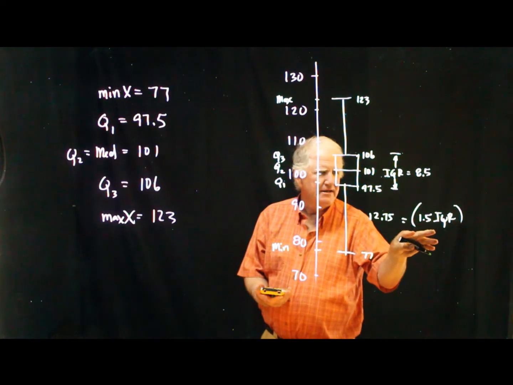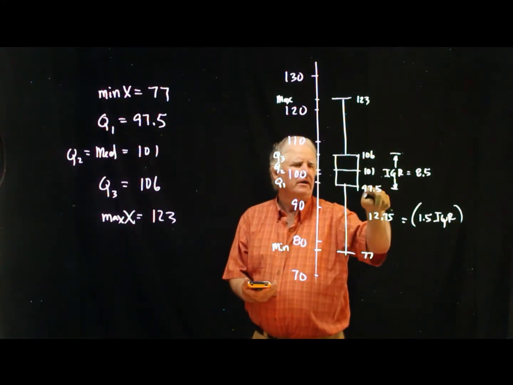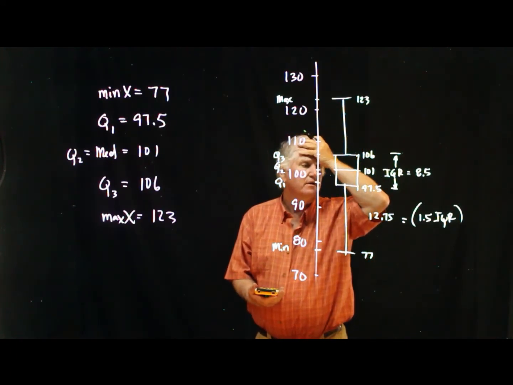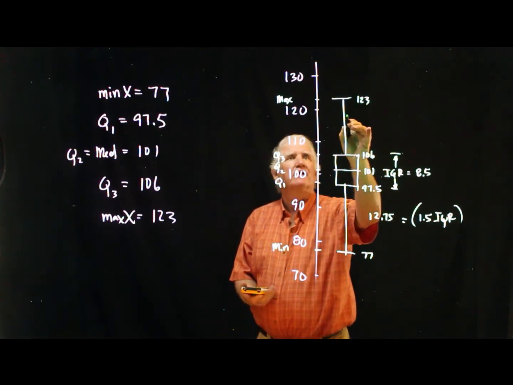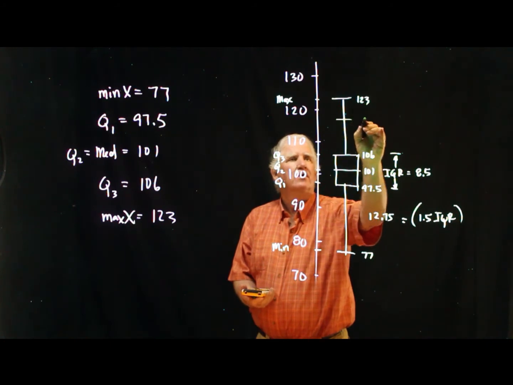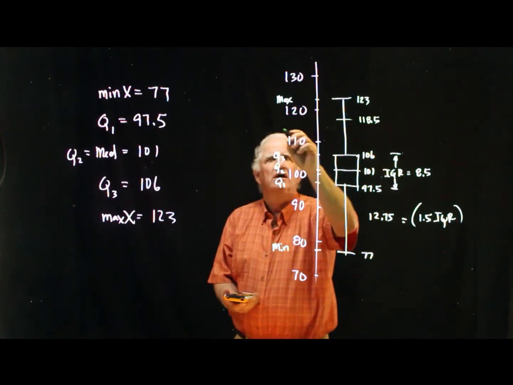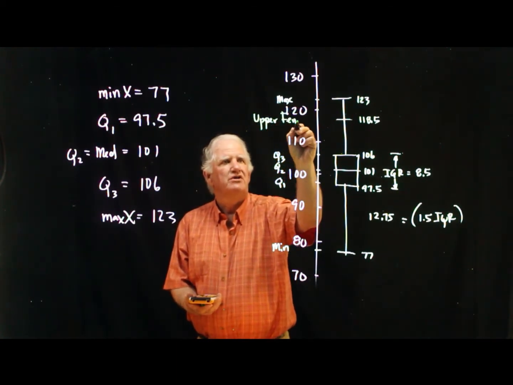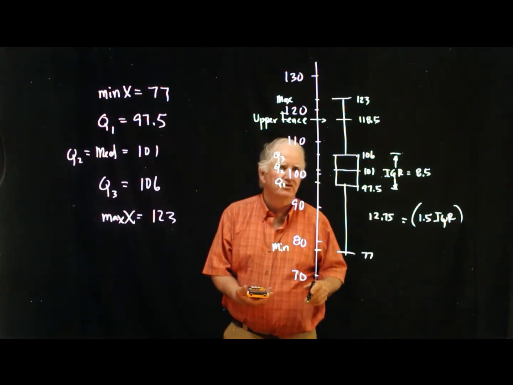If I add this to Q3, I get 108.75. Is that what I get? Doesn't seem right. No, I get 118.75, so that's right here. 118.75 is the upper fence, and it is part of the definition of what constitutes an outlier.